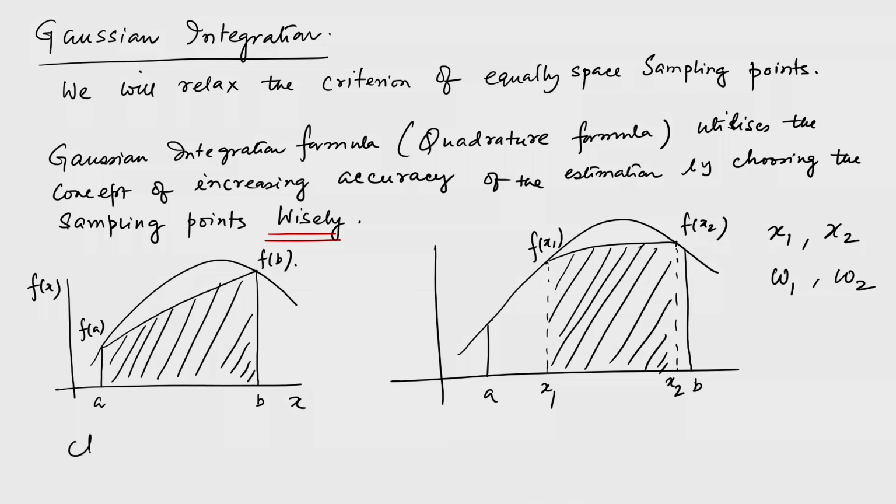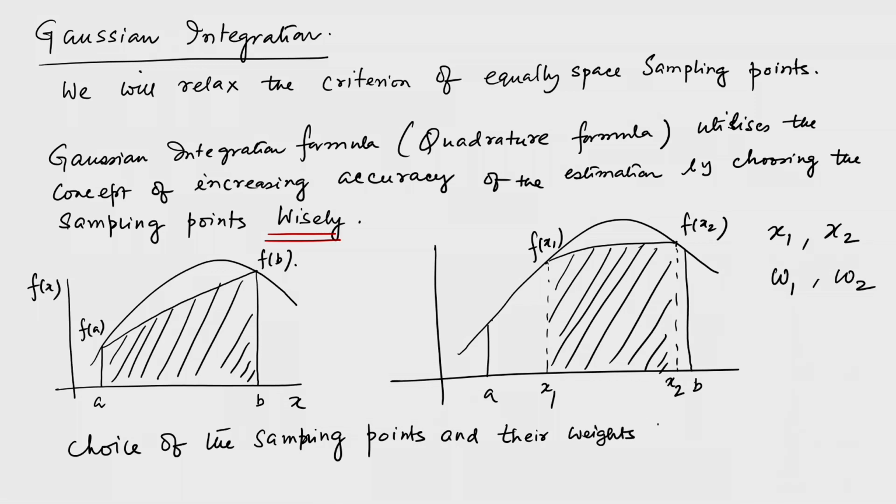So, the choice of the sampling points and their weights are to be chosen. Let me box this because it is a central idea.